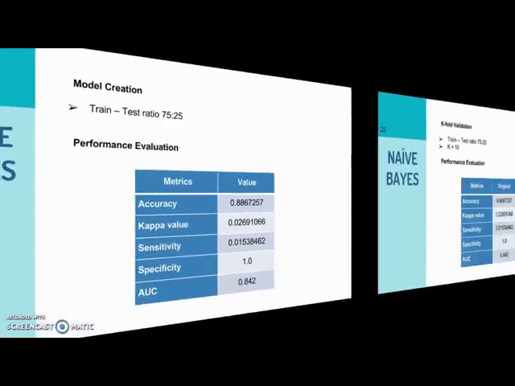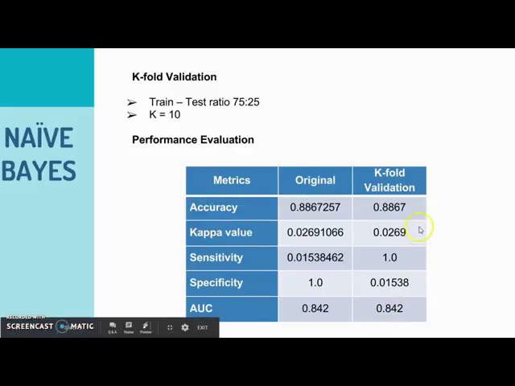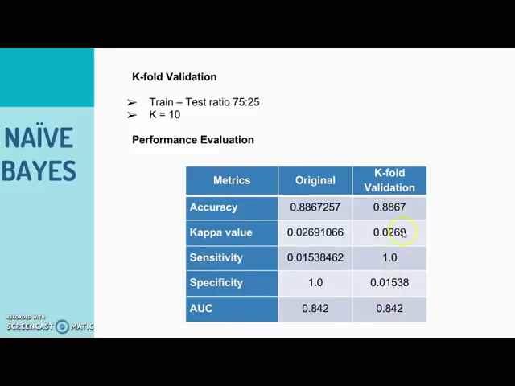Moving on to the next slide. The next slide is about k-fold validation. We use k-fold validation to validate our model. So basically this table shows the result we obtained based on k-fold validation compared to the model performance evaluation.